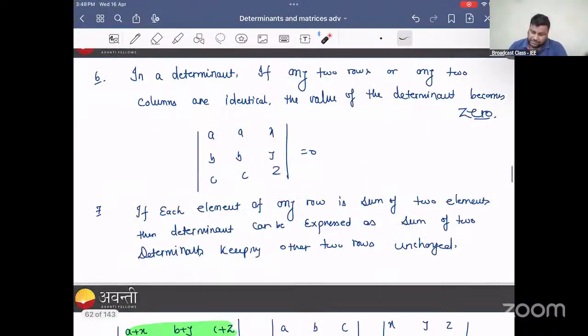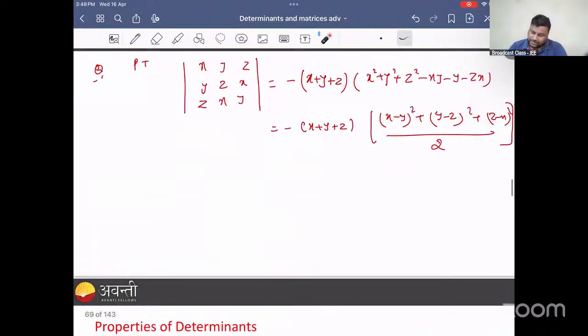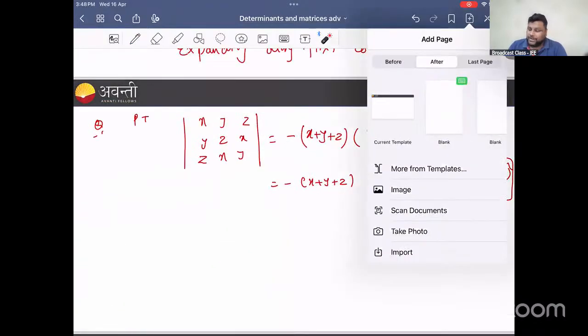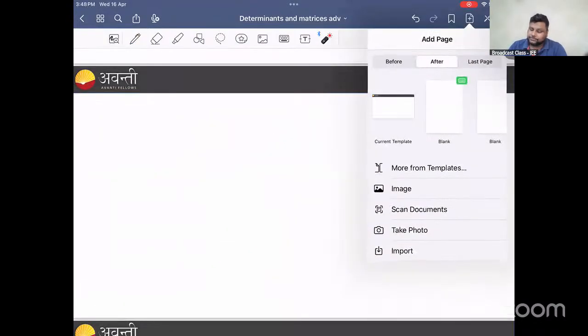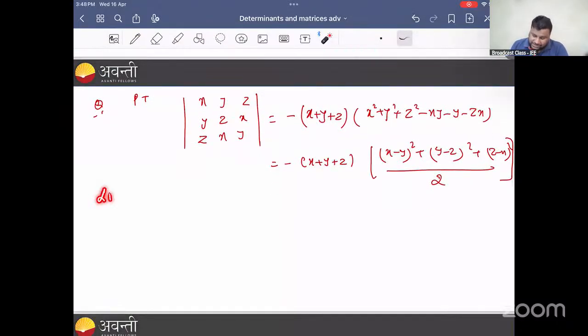Now, see this question. Any idea? Anybody who has tried it? See, LHS I start with the determinant x, y, z, y, z, x, z, x, y.